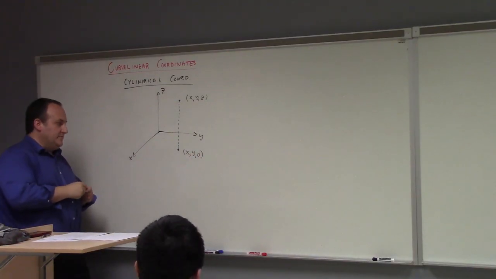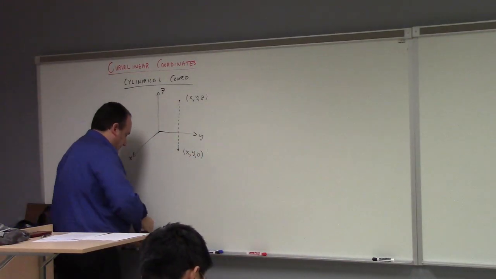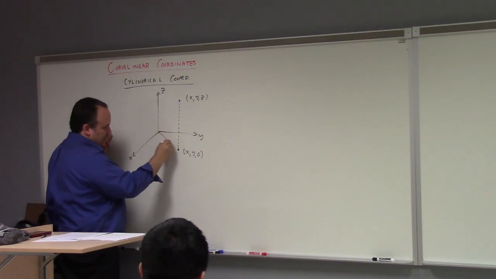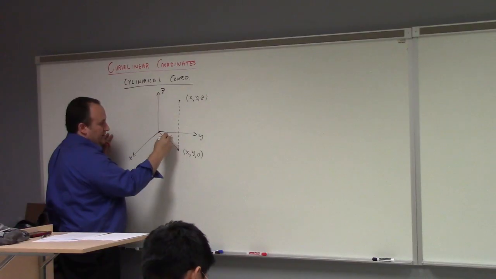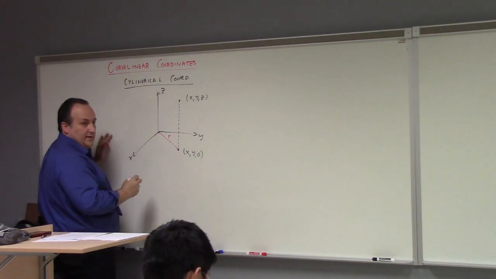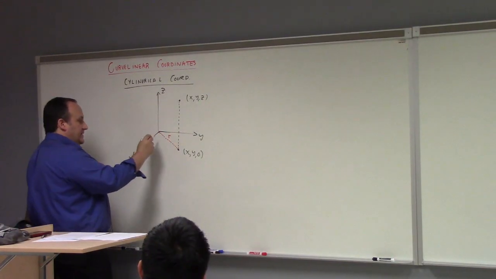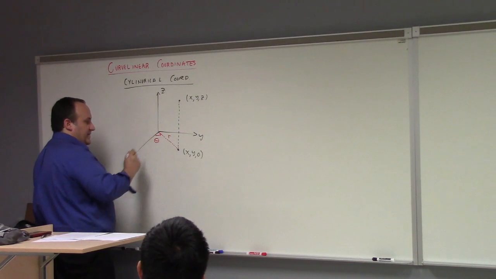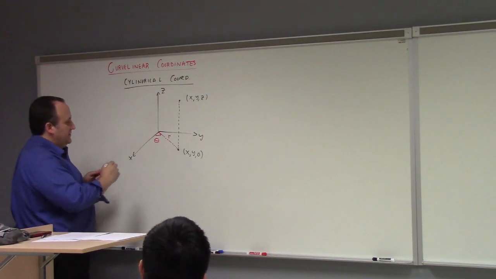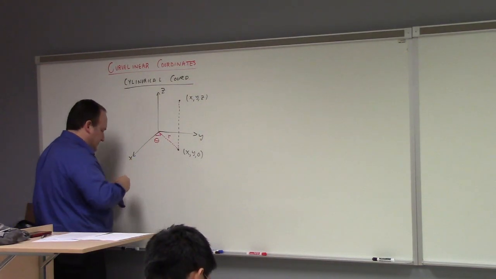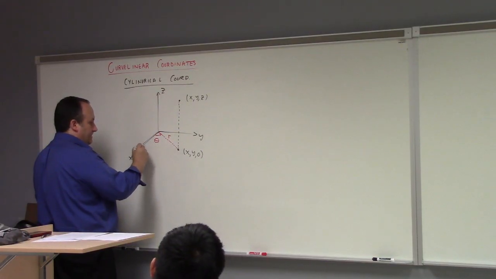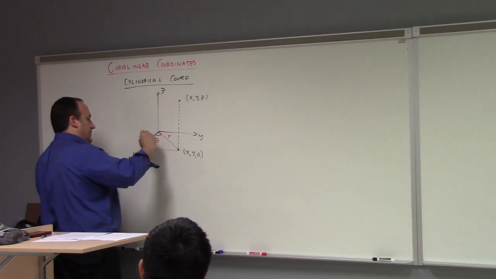Down there in the xy plane, we can picture this distance right here, which we usually call r, and the counterclockwise angle swept off the positive x-axis we denote by theta. If we draw a triangle down here in the xy plane, you know the deal.